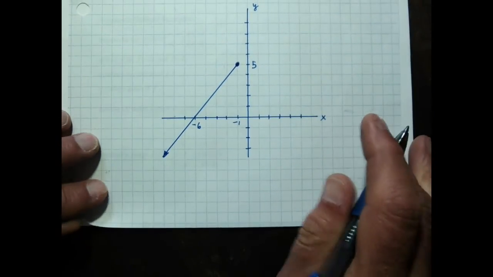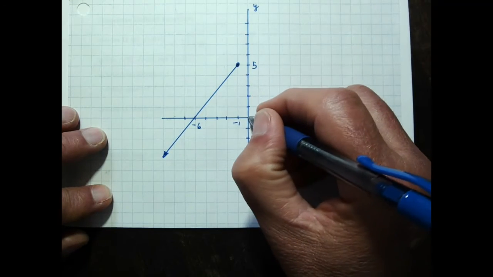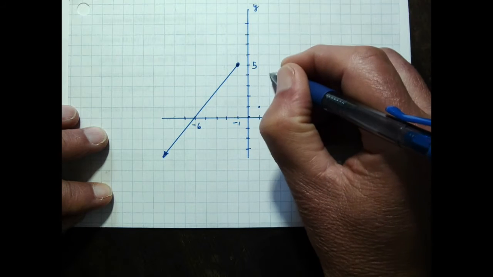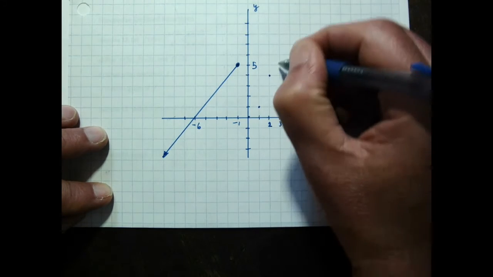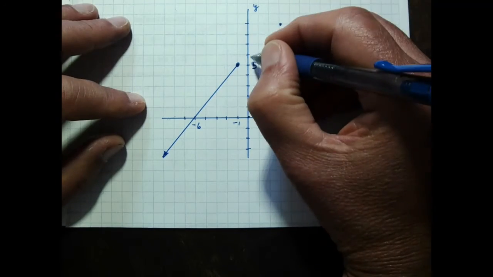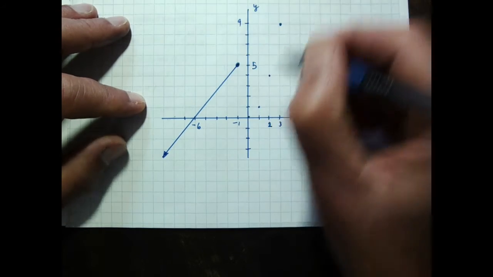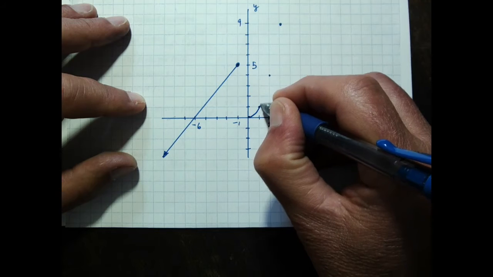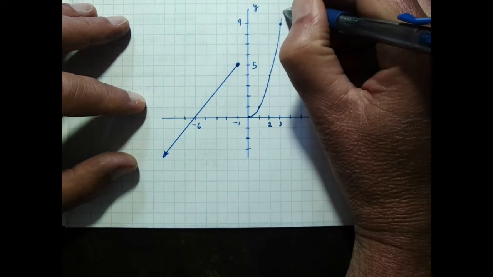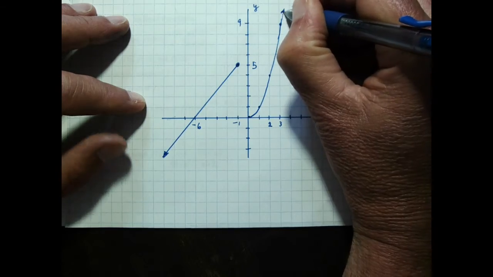And now I want to copy my parabola. 0, 1, 1, 2, 4, 3, 9. That's 9, yeah. So I know I have this piece of the parabola, on and on and on.